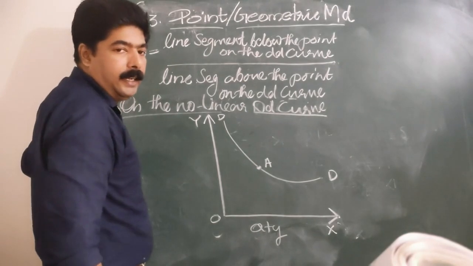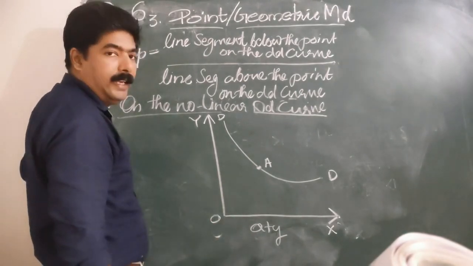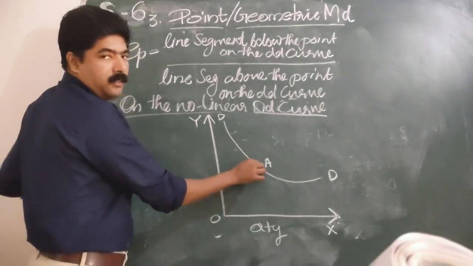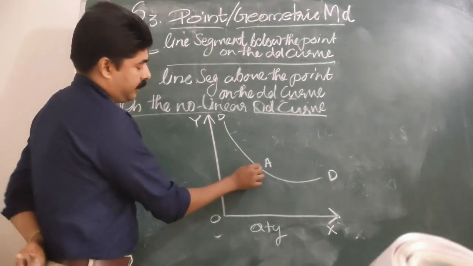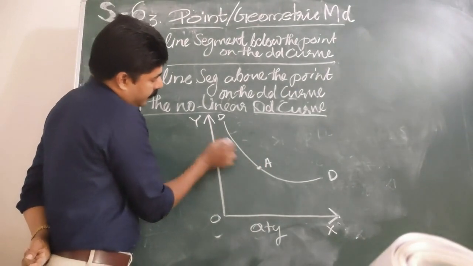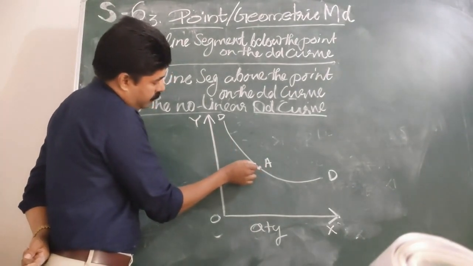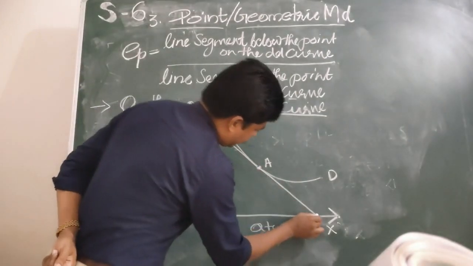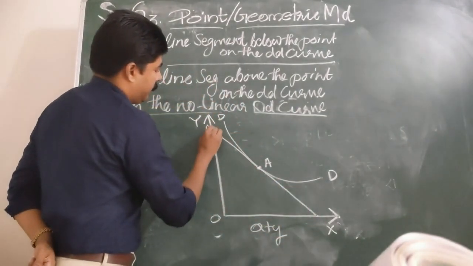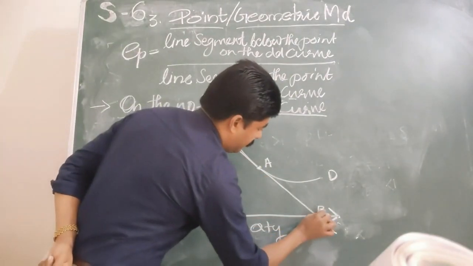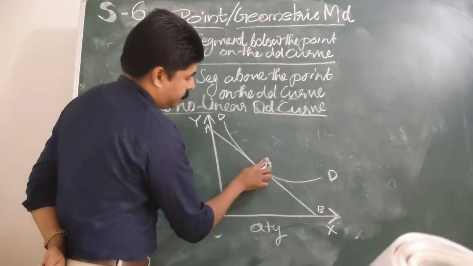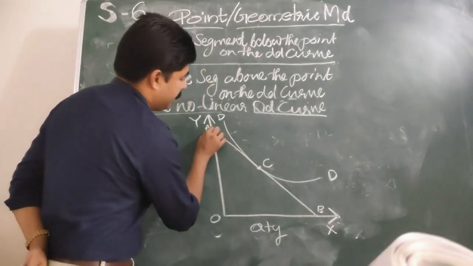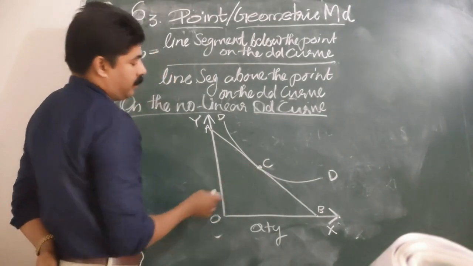So what did I say? We have to draw a line. That line must be tangent to this point, which is already shown on the demand curve. So I can draw a tangency line towards the x and y axes. I have given the name of the line as AB, and the point we can call C. AB is the line, and the point C you have to calculate.